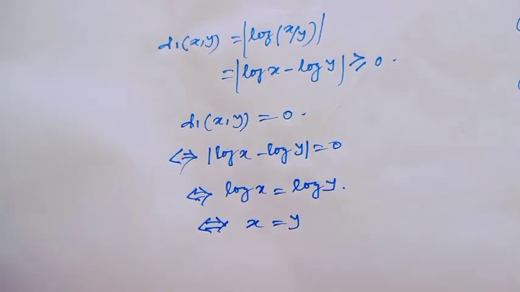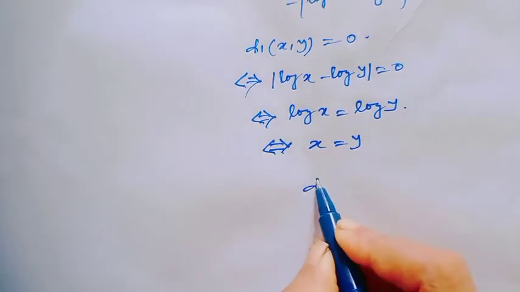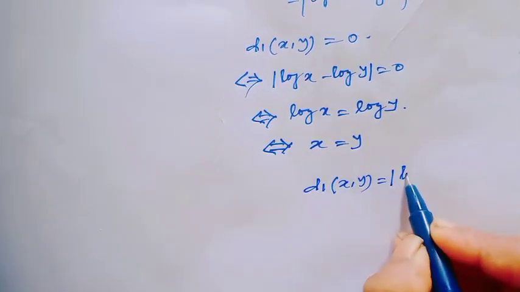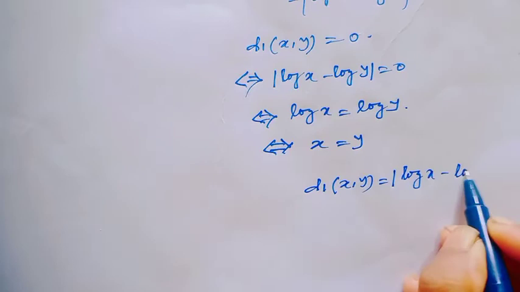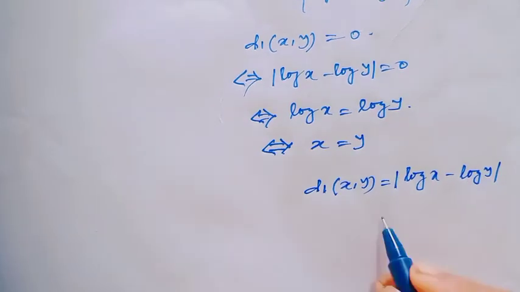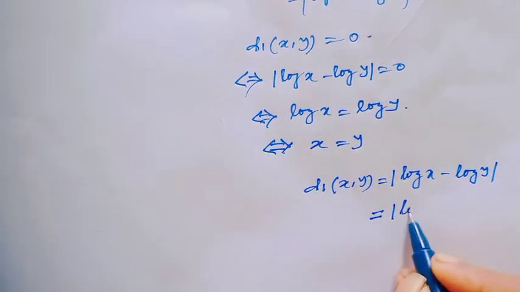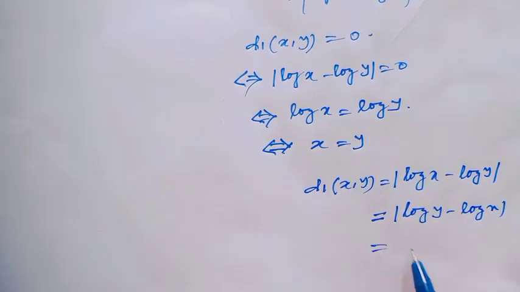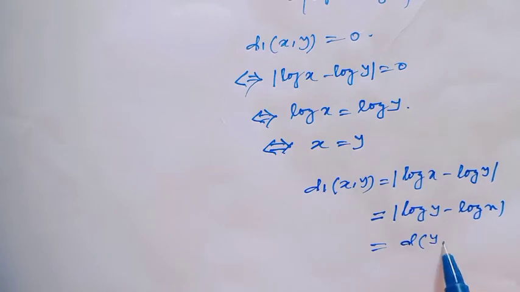Are you getting? Well, d1 of xy means absolute value of log x minus log y. And since this is a mod function, we can write this as absolute value of log y minus log x. So this is actually d1 of yx.